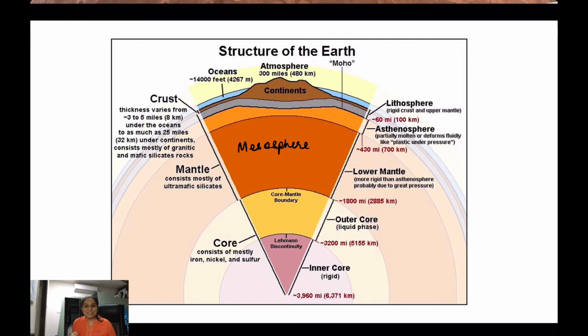So even though it is made up of nickel and iron, the inner core is going to be rigid and the outer core is going to be liquid. Also, what we need to know is that the core region is actually called the barysphere. So the outer core is the outer barysphere and the inner core is the inner barysphere, but it is still barysphere nonetheless.